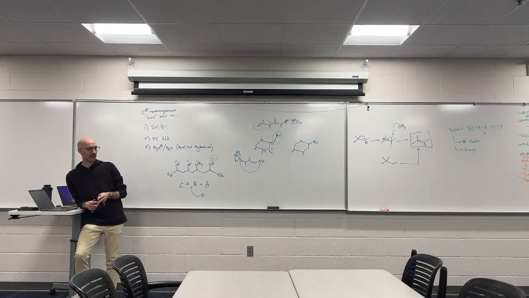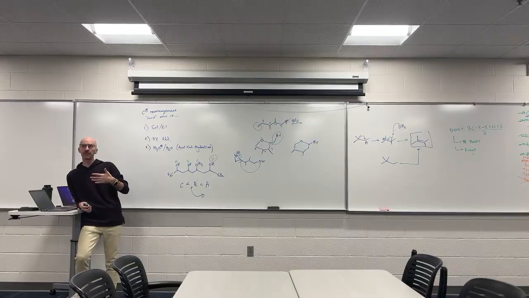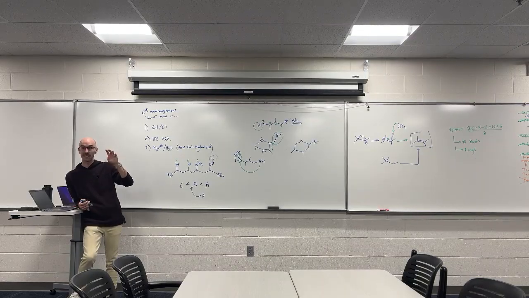Pi bonds and rings. If a chemical formula tells you that there are 2 degrees of unsaturation in the chemical formula, how do those degrees of unsaturation manifest? You could have a pi bond and a ring. You could have 2 pi bonds.